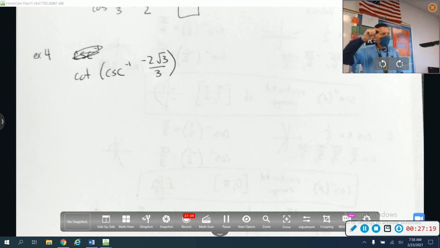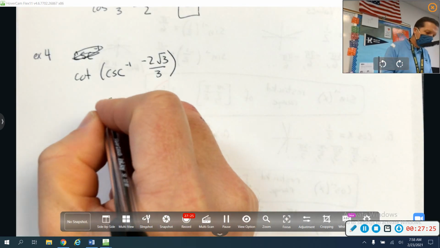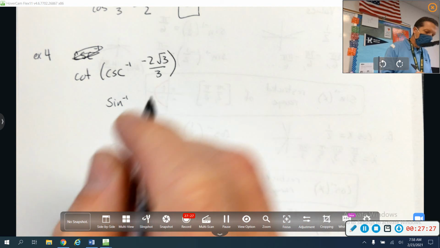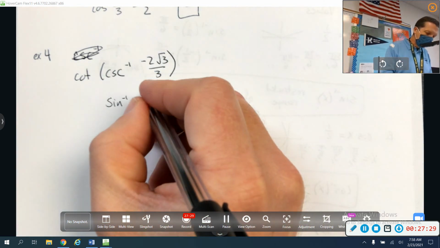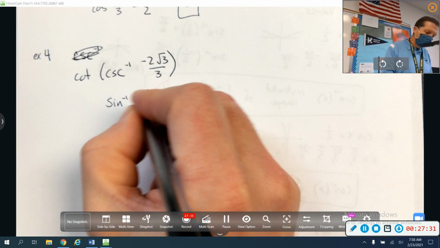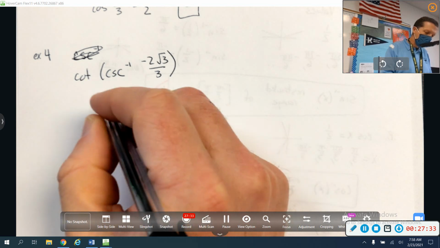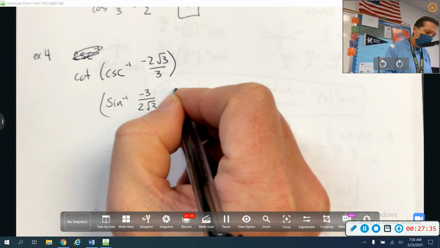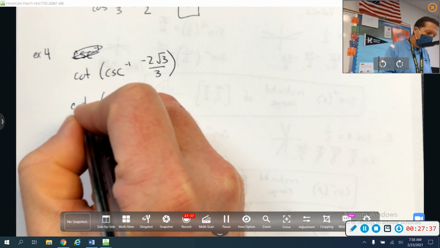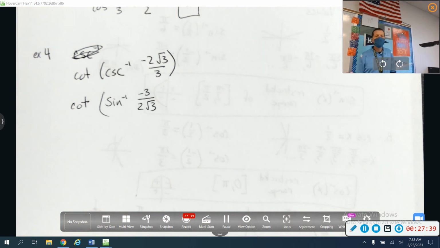Who's cosecant reciprocal partners with? Sine. So instead, let's do inverse sine. I have to flip it over, but that's a small price to pay to get to deal with sine rather than cosecant. Well, I say it's a small price to pay. So I change it to sine, which is a flip. So I flip the answer. And then I need to fix that because that does not look like a unit circle value right now.